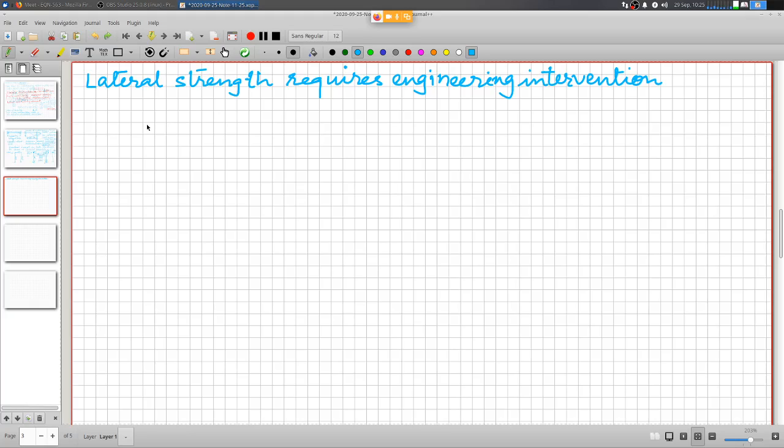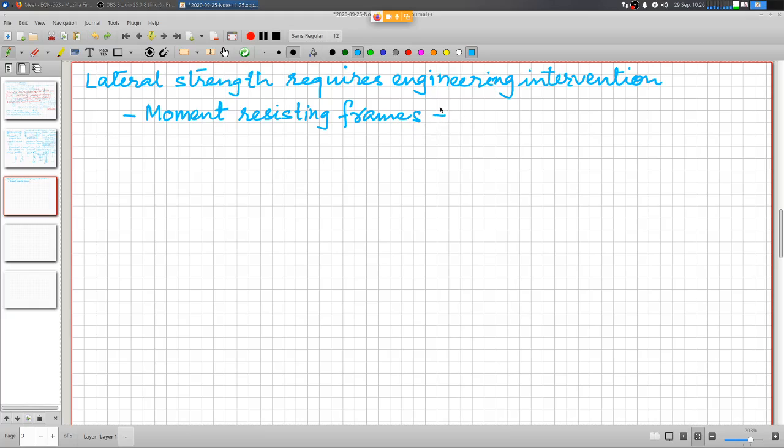So what are the lateral force resisting mechanisms? What are the options? One is, of course, the ubiquitous moment resisting frames.